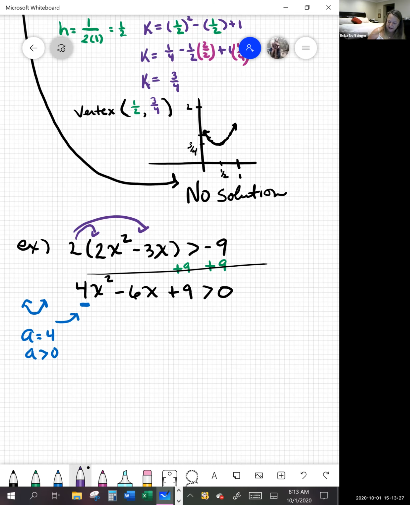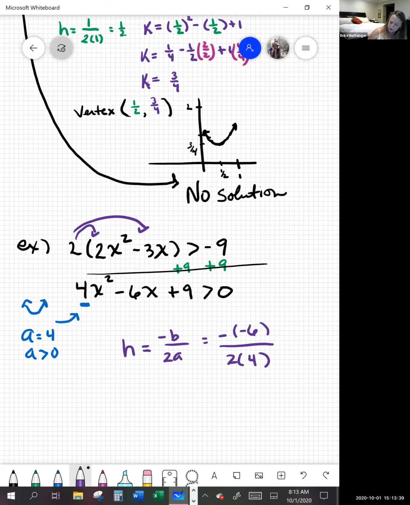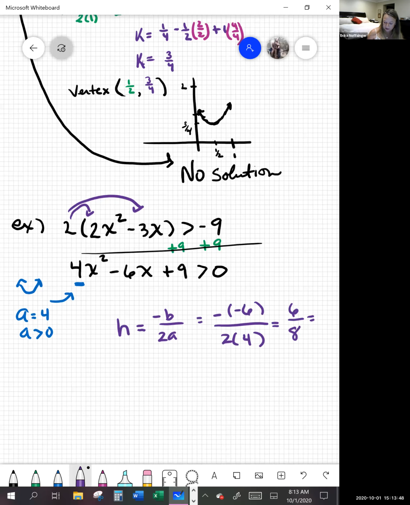We can find h. So negative b all over 2a. Negative of negative 6 all over 2 times a, which is 4. So positive 6 over 8 reduces to 3/4.